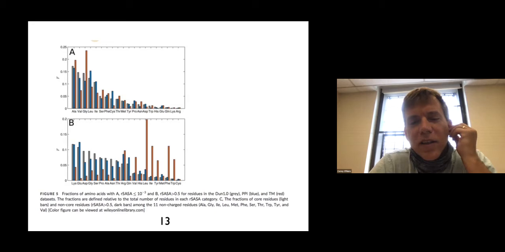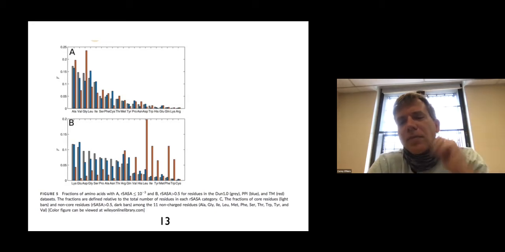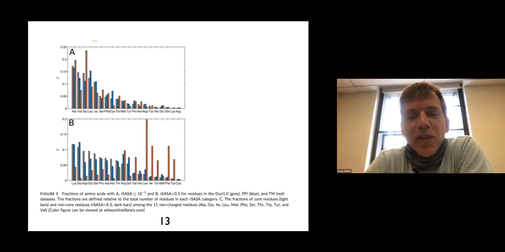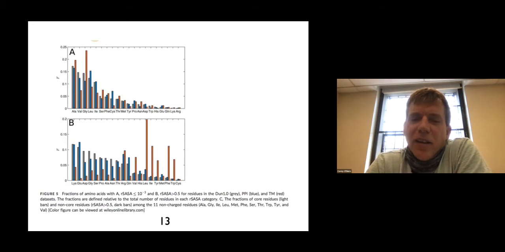It's called the relative, which is the R, SASA, which is solvent accessible surface area. So solvent accessible and then surface area. Surface area is typically given in angstrom squared because it's an area, and you basically look for the area of an amino acid that can be accessed by a water molecule.